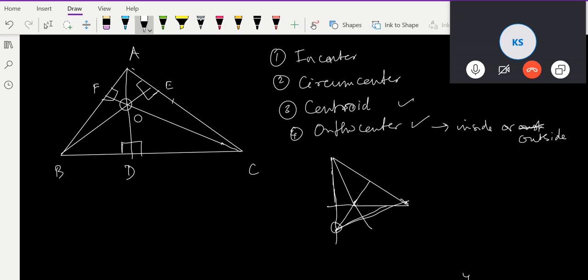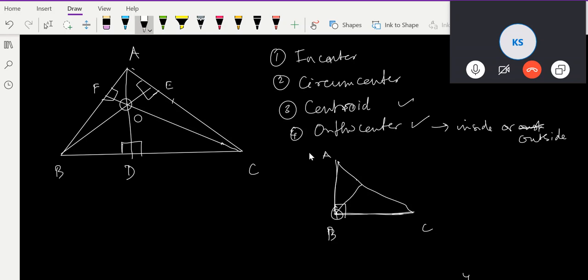Can the orthocenter lie on one of the sides? Yes, when it is a right triangle. Absolutely. When it is a right angle triangle, this side itself is perpendicular to the other side. So this one becomes the perpendicular, this one becomes the perpendicular, and the third perpendicular would be like this.